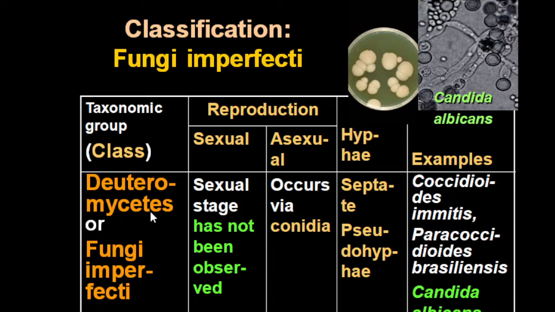The second name is Deuteromycetes or Fungi Imperfecti. The hyphae in some of them, that are molds, are septated, and in yeasts, pseudohyphae can be produced. And here you can see pathogenic examples that may cause very severe diseases. We will take a look at them later on.